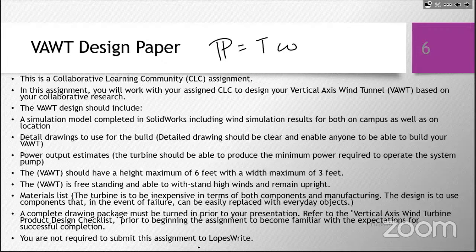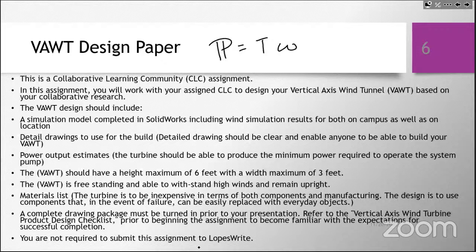This is Newton meter. It's Newton meter radian per second, but a Newton is a kilogram meter per second squared. It all washes out. It's interesting. So detailed drawing, power output estimates.